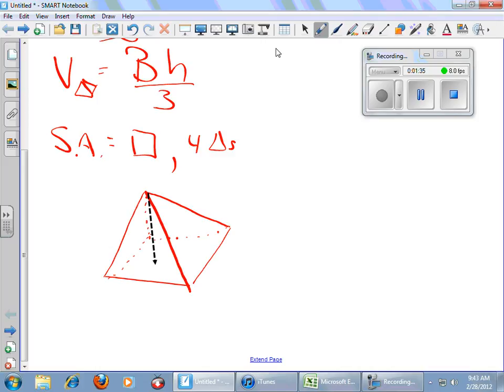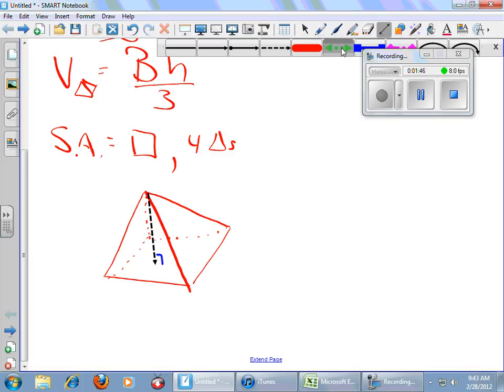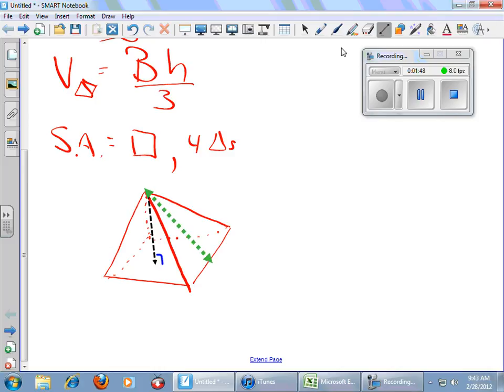What is that? That black little segment is the height of the pyramid, not the height of the triangle. It's the height of the pyramid. And in green, I'll go ahead and put this one in. That little guy is the height of the triangle, or of each face.